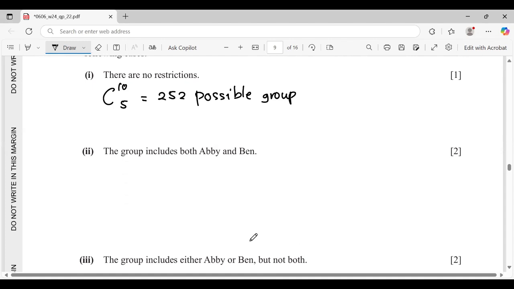If Abby and Ben must be included, we are already using 2 out of 5 spots. So we need to choose the remaining 3 students from the other 8 students, excluding Abby and Ben. So the combination becomes 8 choose 3, and if you calculate, the result is 56 possible groups.